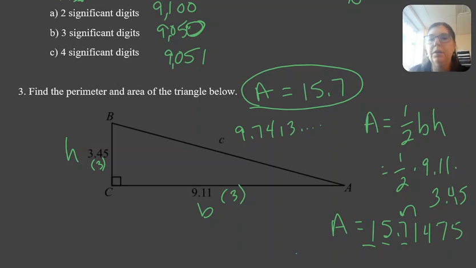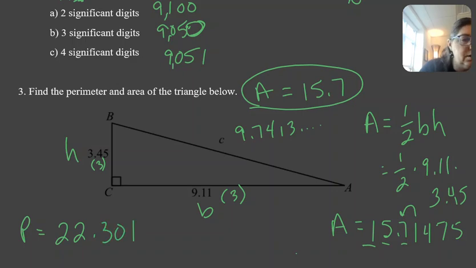Okay. Perimeter is when you add up all the numbers, so I'm going to add that number to 3.45 and 9.11. So my perimeter is 22.3013 and some more numbers, and that's a decimal.